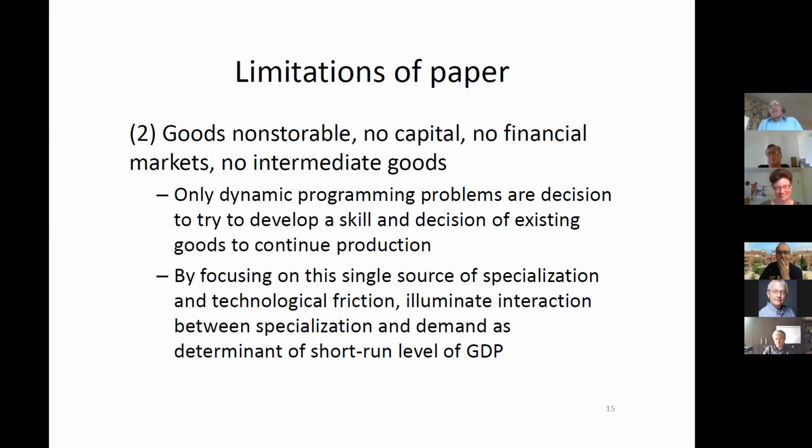I guess my main answer is that by focusing on just a single source of specialization and technological friction, it can illuminate what I see as the main theme, which is the way that specialization and demand interact to determine short-run GDP.